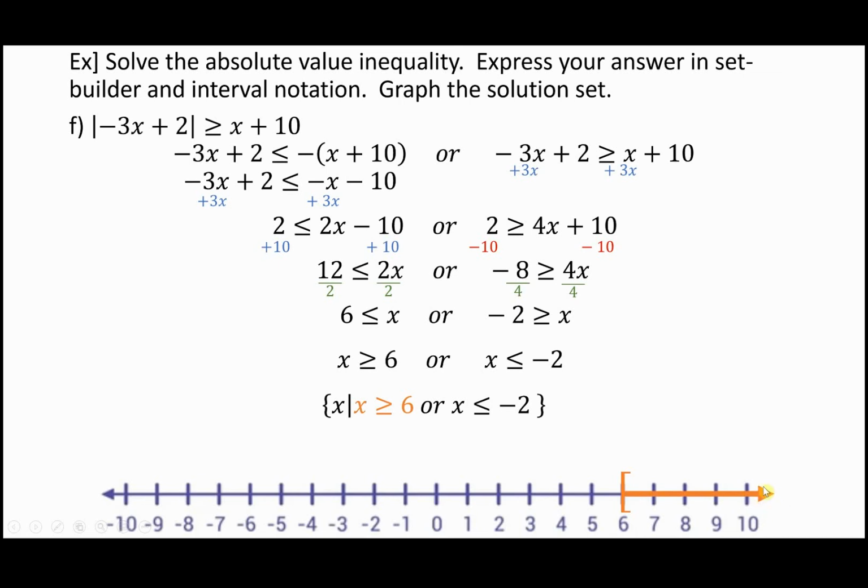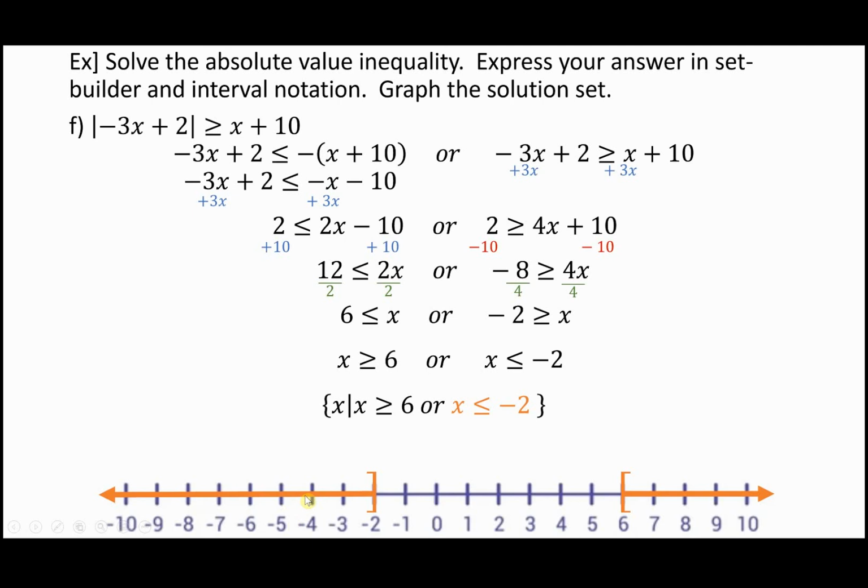Color in the arrow point, which just indicates the idea that the number line is going to positive infinity. Similarly, we have another bound at negative 2. I want it to be a bracket and face it traveling from there to negative infinity because x is less than or equal to negative 2 as well.